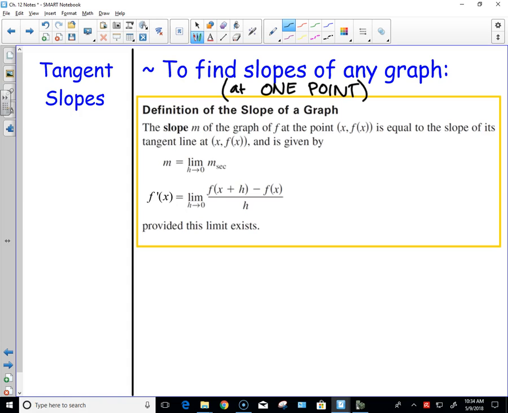M, which if you want, you could put a little m sub t. That's what we were calling it. M or m sub t, the slope of the function. That's what they're saying. The slope of the tangent line is what they're going to define to be the slope of the graph or the slope of the function.